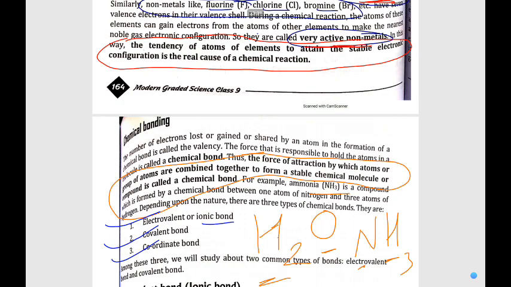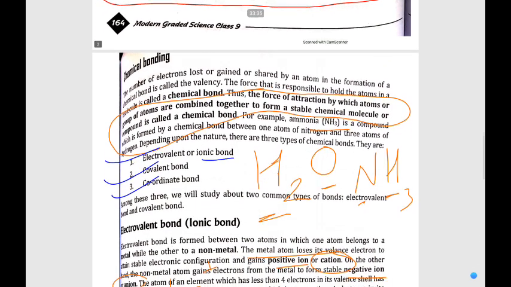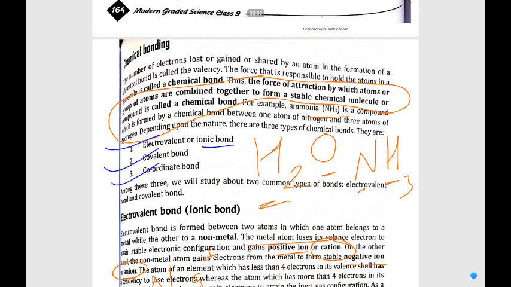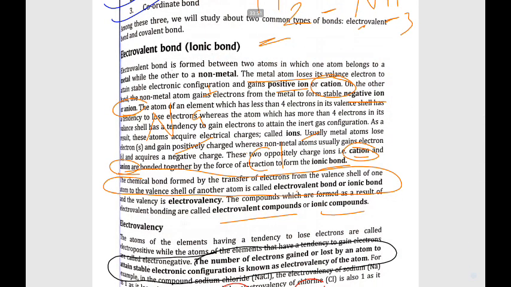Okay. Next question. Define chemical bond, write its types. Next. What is electrovalent bond?